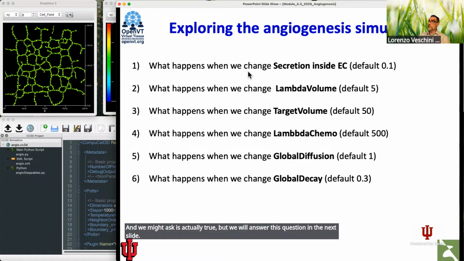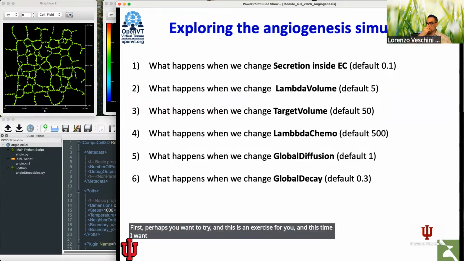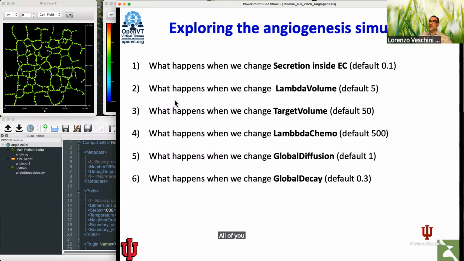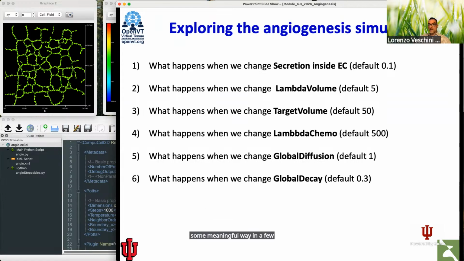But first, perhaps we want to try, and this is an exercise for you. This time, I want to see some images in the chat. All of you who have a running simulation in front of you, please play around with it. Choose one of those, the one that you like best by the name or because you like it, and try to change it in some meaningful way in a few tests, and show me perhaps some interesting results.